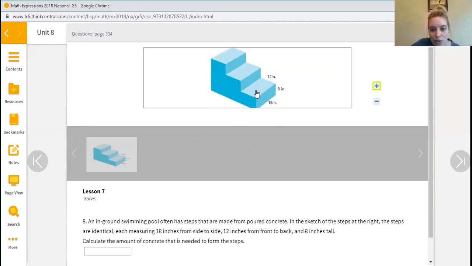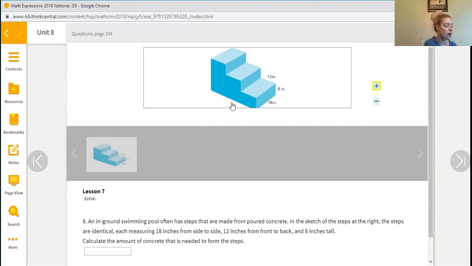If this 1,728 is going to be the volume of this one step, if I was to draw a line completely across, I can see that 2 steps are going to fit in this space here in V2. And then if I was to continue, I can see that 3 steps are going to fit into this one here. So V2 is just going to be the volume of V1 multiplied by 2.